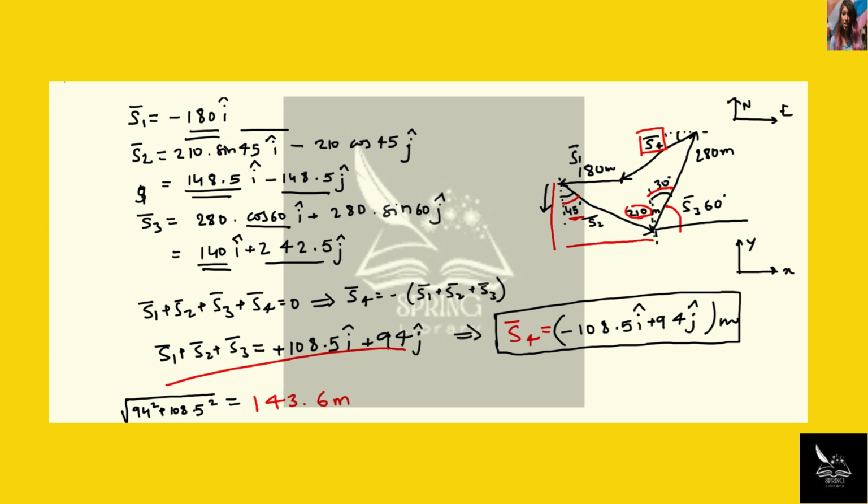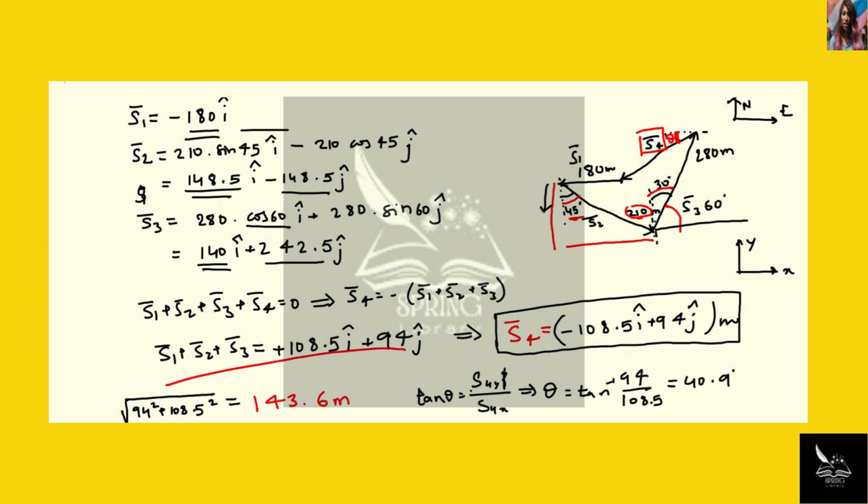Similarly, we can find the angle it makes with the x-axis, which is this angle, theta, because tan theta is the y component, S4y divided by S4x. Hence, our theta is tan inverse of 94 by 108.5, which turns out to be 40.9 degrees.